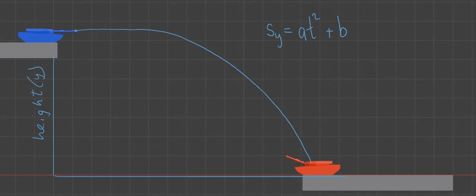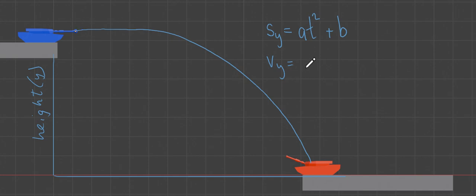Okay, along with its position in space as height, we want to look at the velocity in the y direction. If we just look at what the velocity is doing, at the beginning the velocity is 0. It's not traveling down, it's not traveling up.